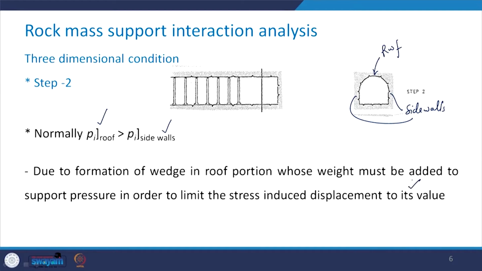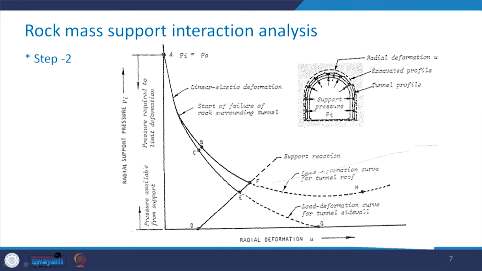Therefore, you get such a situation that Pi for the roof is always more than Pi of the side walls. So, in this case you see that this will correspond to these 2 points B and C.